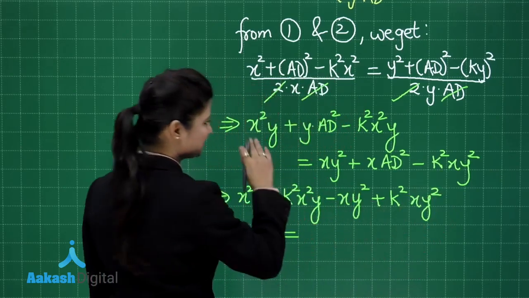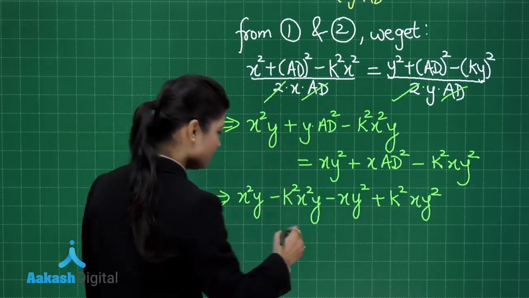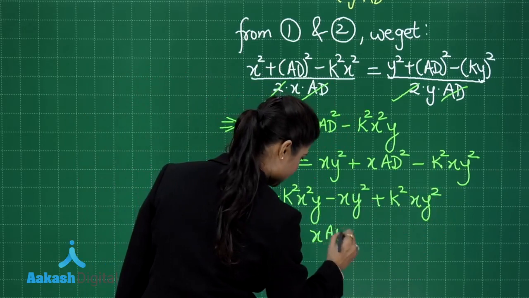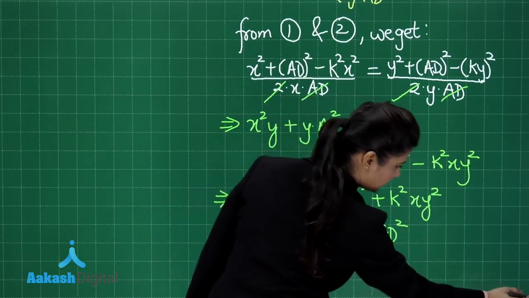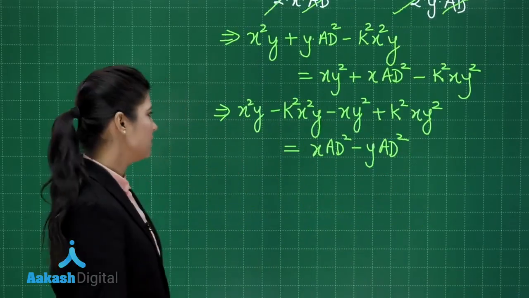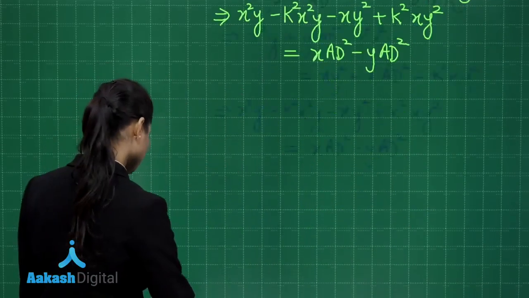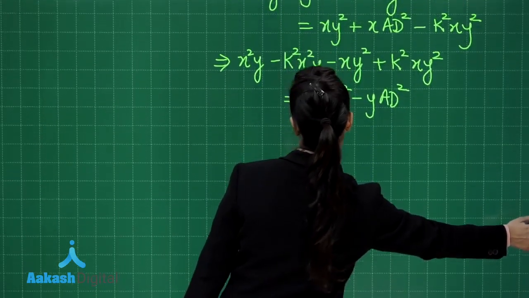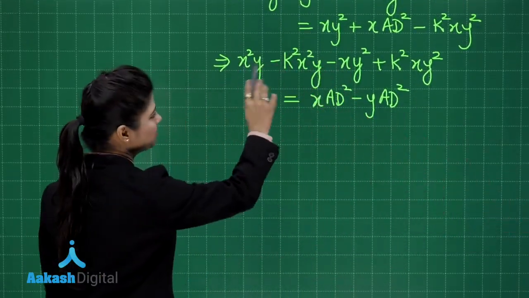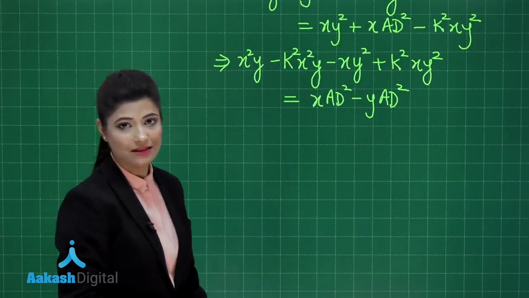While I'm transposing the terms containing AD square to the right hand side, which results in x AD square minus y AD square. Let's try to simplify this further. Now how are we going to simplify this? Let's observe this fact: in this step, what can be taken as common from these both terms?